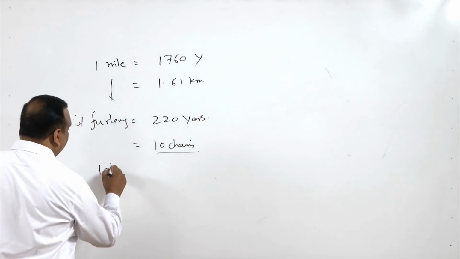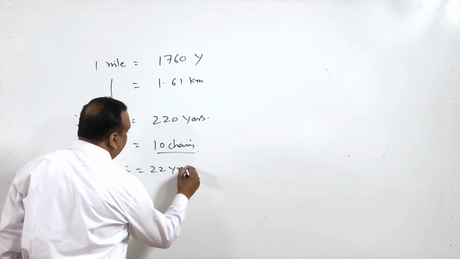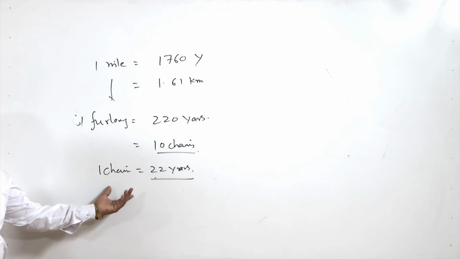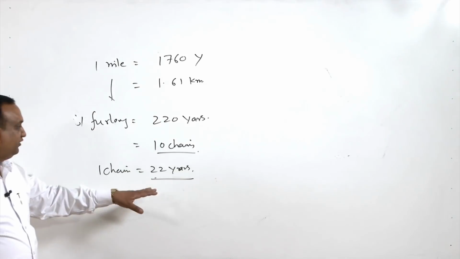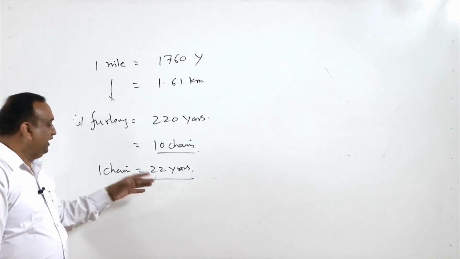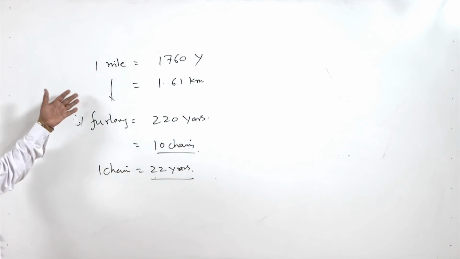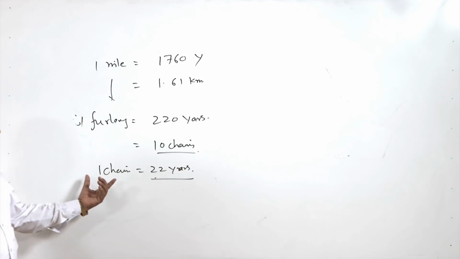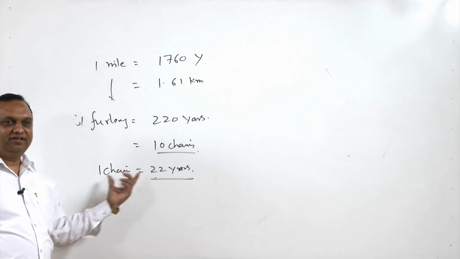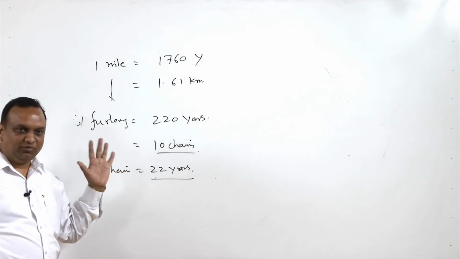So 1 chain is equal to 22 yards. That is the length of the cricket pitch. I was always wondering why it is 22 yards, why not 20 yards or 25 yards. The reason being, in those days, these MKS units were not existing, and it was considered, perhaps, this is my opinion, that the cricket pitch length should be 1 chain, that is 22 yards.